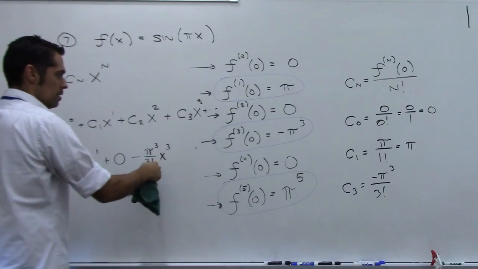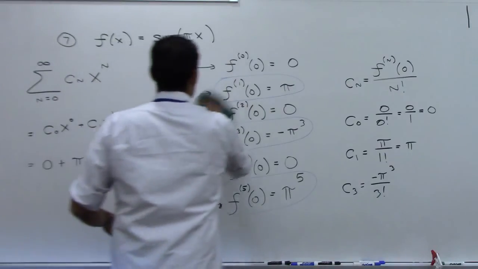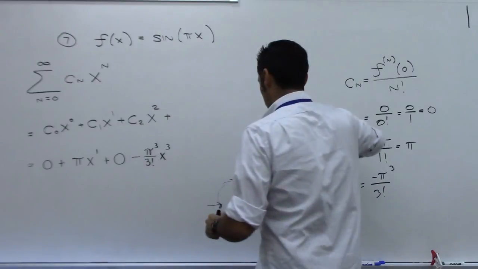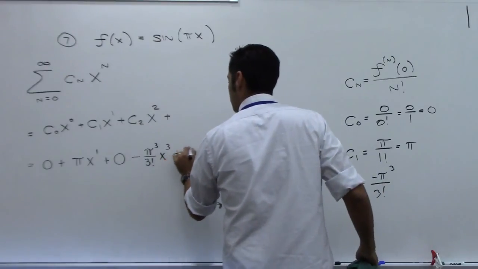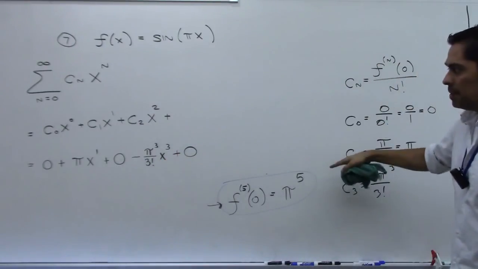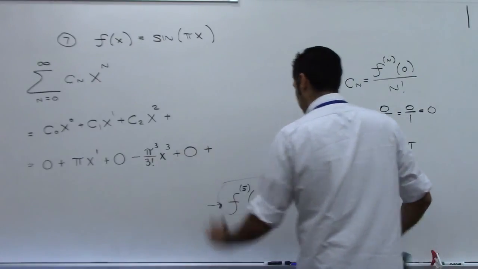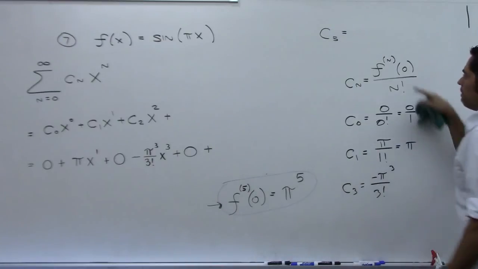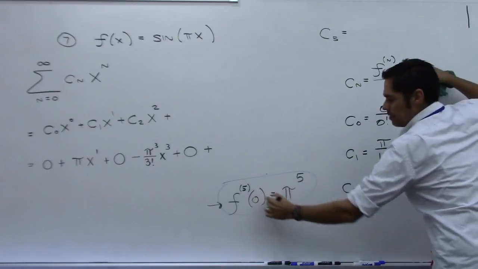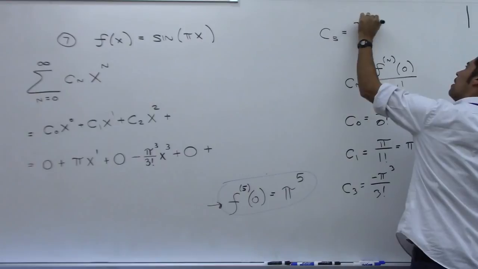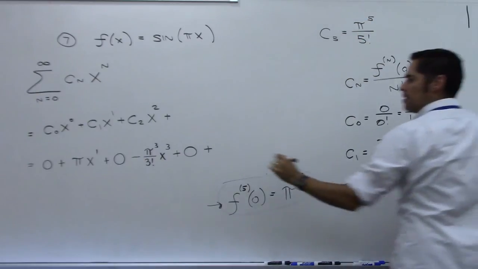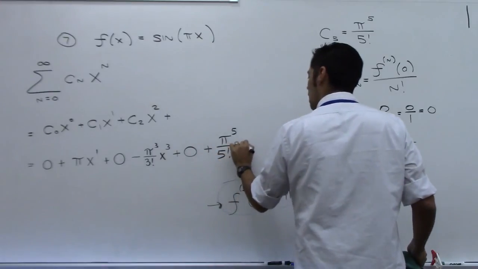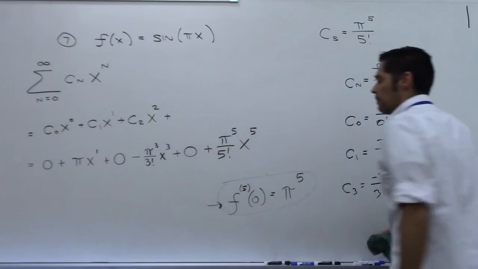Now I need to keep going to really get this thing under control. The fourth one is going to be 0 because we knew that from all the evens being 0. The fifth one, c sub 5, is the fifth derivative at 0, which is pi to the fifth over 5 factorial, and then x to the fifth.